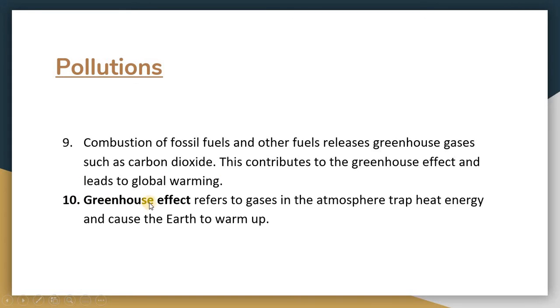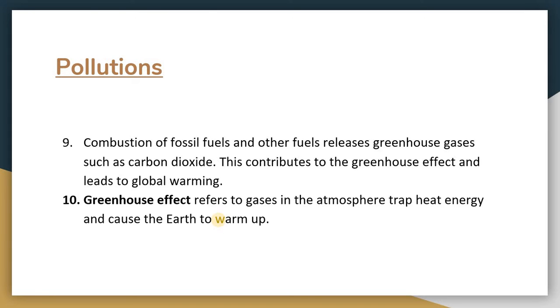So greenhouse, this is the keyword. Greenhouse effect refers to gases in the atmosphere that trap heat energy and cause the Earth to warm up. So scientists think that the increasing amount of carbon dioxide in the atmosphere will actually make the Earth warmer.